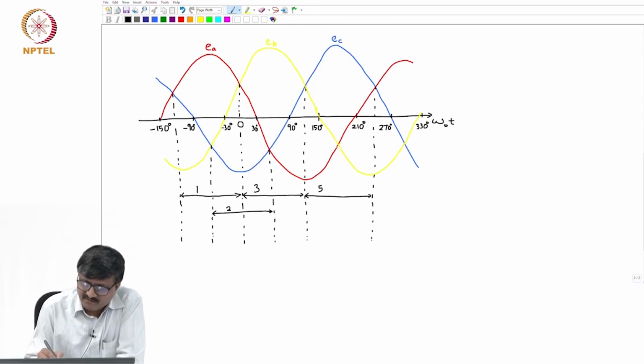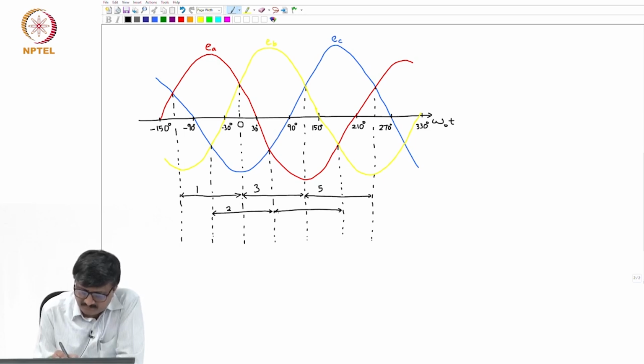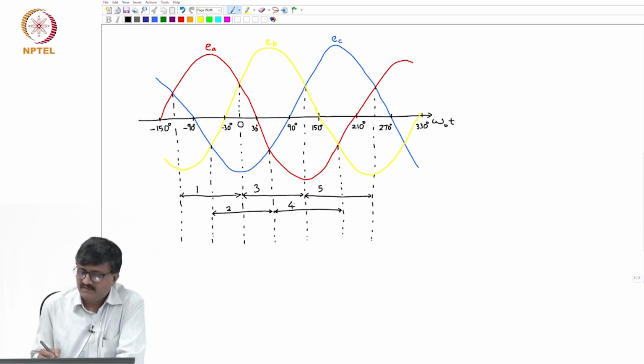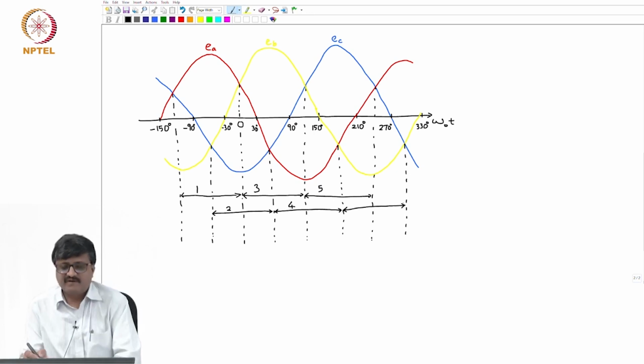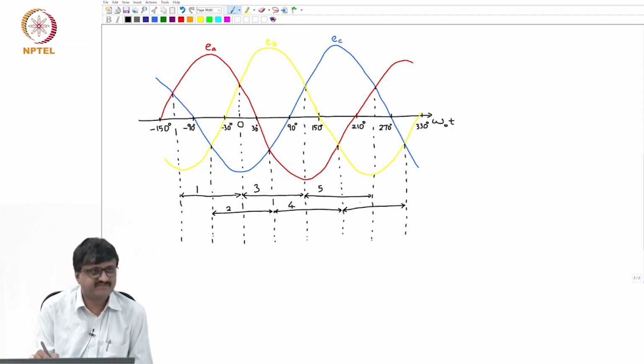Again, from 60 degrees to 180 degrees, for this duration, one of the thyristor valves is at the least cathode potential, 4, and from 180 degrees to 300 degrees, it is 6.